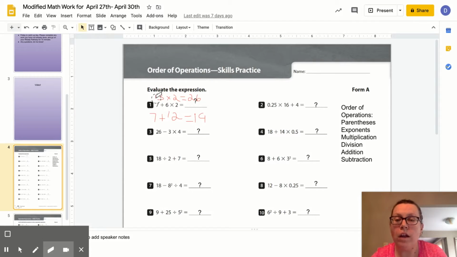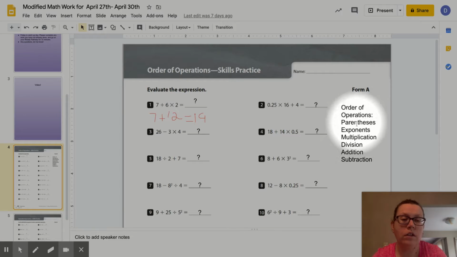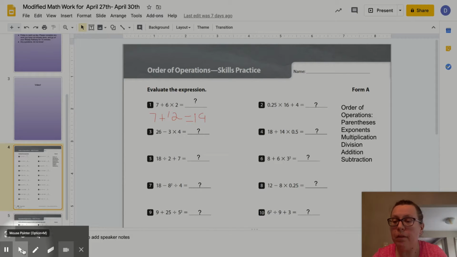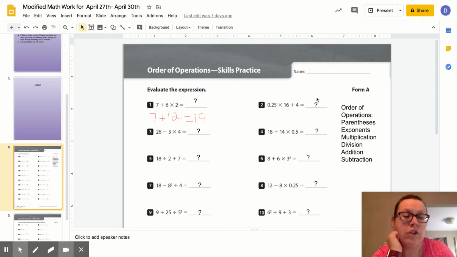So when you do these problems, make sure that you are following the list that's over here. For every problem, be sure to ask yourself first, is there parentheses? And then if there isn't, move on to the exponents. Is there exponents?